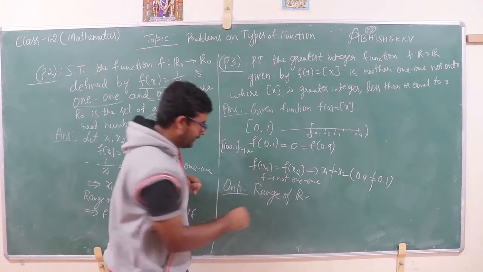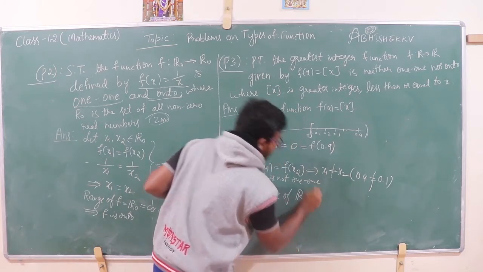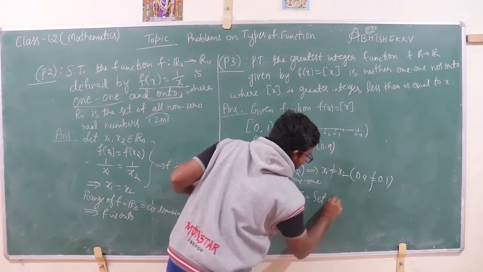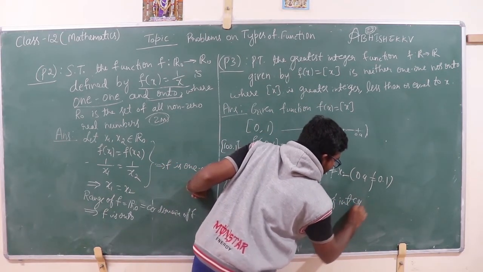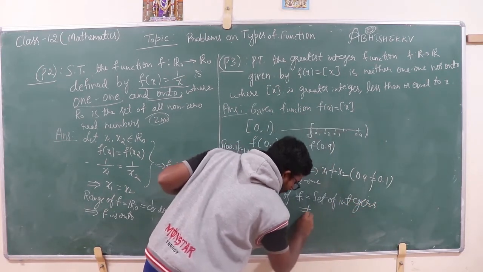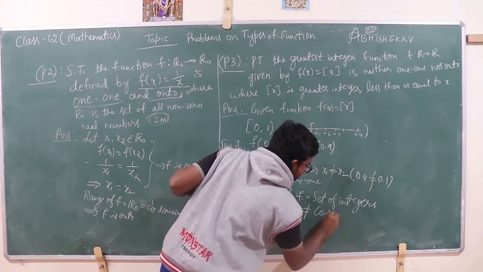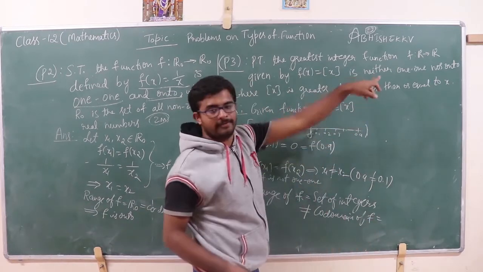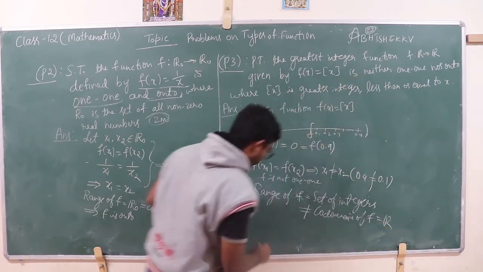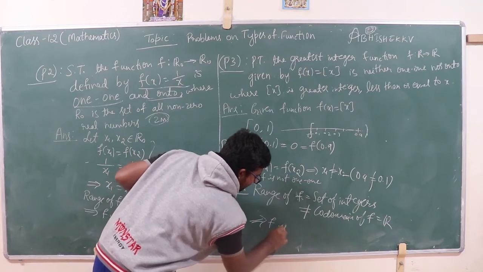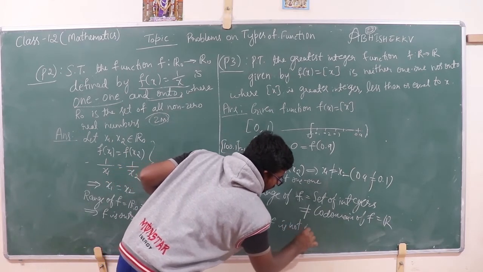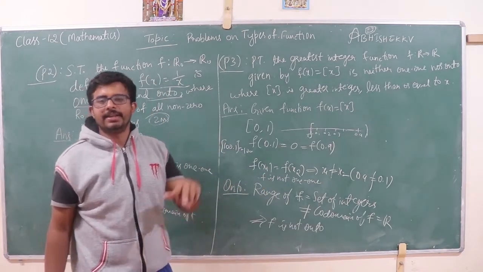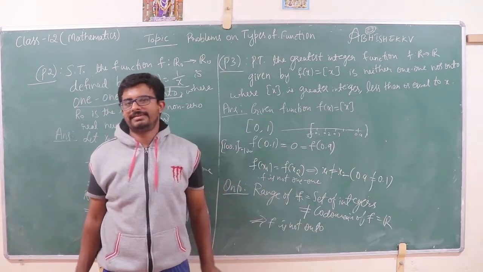It is 100. This is an integer, right? So the range of the given function f is equal to the set of integers. This is not equal to the codomain of f. What is the codomain of f here? The set of all real numbers. Therefore, f is not onto. Therefore, f is neither one-one nor onto, that is, f is neither injective nor surjective.